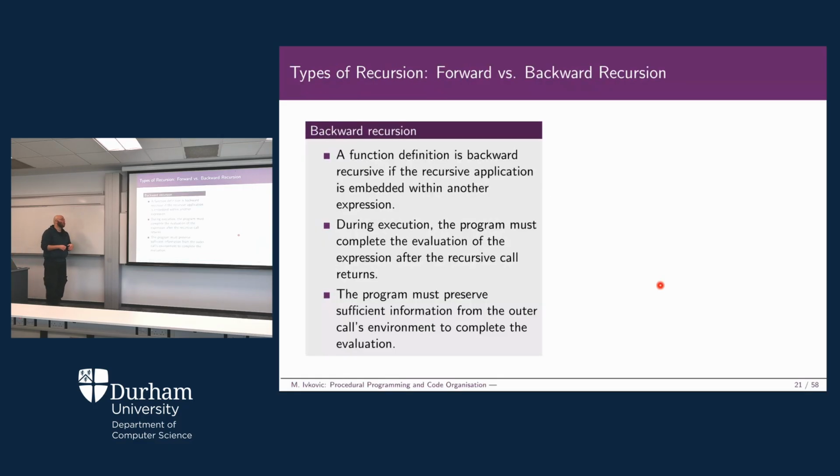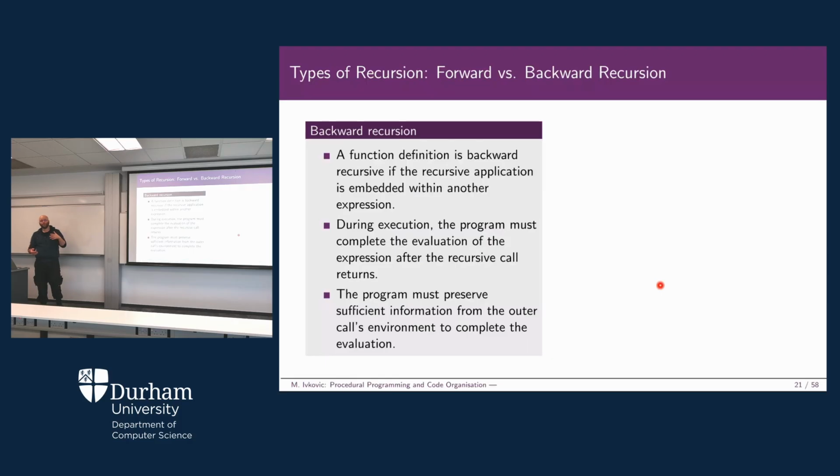Now, we can also differentiate 2 different types of recursion between backward and forward recursion, not just linear and nonlinear. We call it a backward recursion if the recursive application, the point where you're calling your recursion, is embedded within another expression.